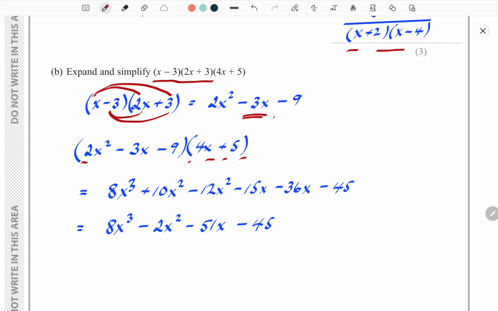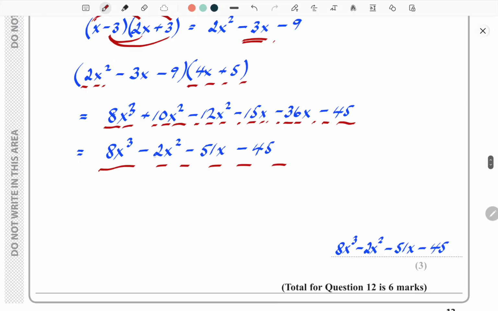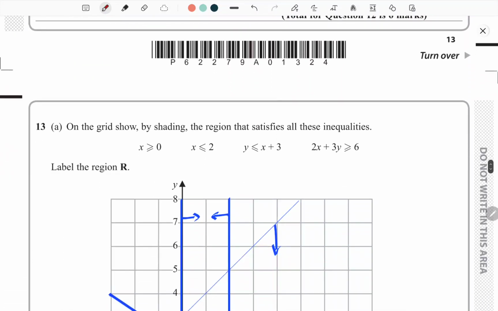So just to start you off, 2x squared times 4x is 8x cubed. 2x squared times 5, 10x squared, minus 3x times 4x, minus 12x squared, minus 3x times 5, minus 15x, and then minus 9 times 4x, minus 36, and finally, minus 9 times 5, minus 45. Tidy that all up, and hey presto, there's your answer. Okay, so 8x cubed minus 2x squared minus 51x minus 45. All right. Okay, question 13.